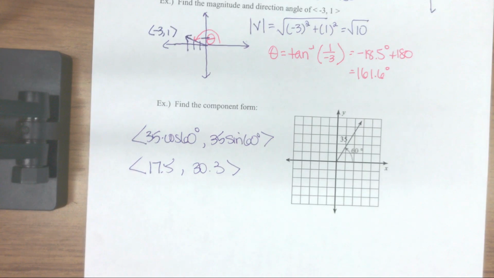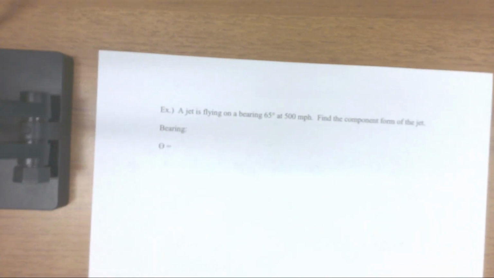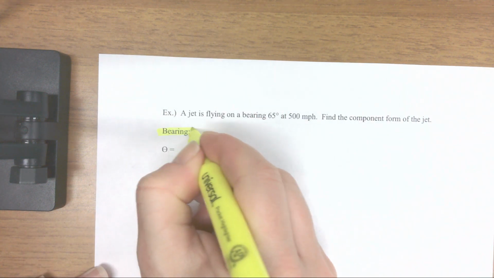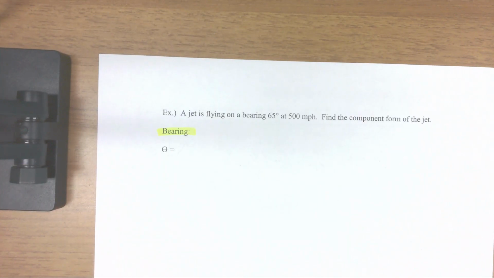Okay, then my favorite, application problems. It'll become your favorite too. All right, so first of all, a word about this term, a bearing. Who knows what a bearing is in navigation?